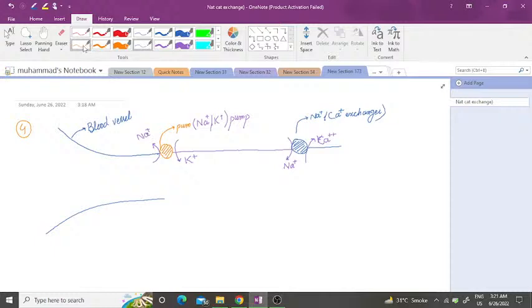So this is the blood vessel. Now come towards the main character, which is sodium right now for us.